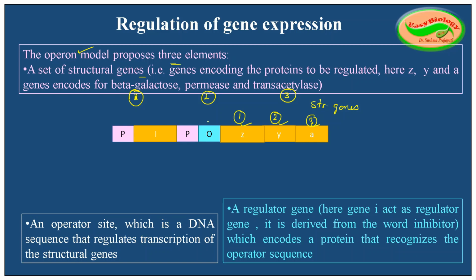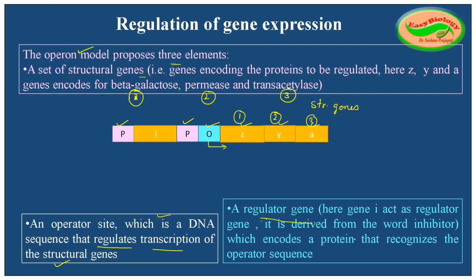Clear? This is the operator site for these structural genes. An operator site is a DNA sequence that regulates the transcription of structural genes. P is the promoter site, and I is a regulator gene.